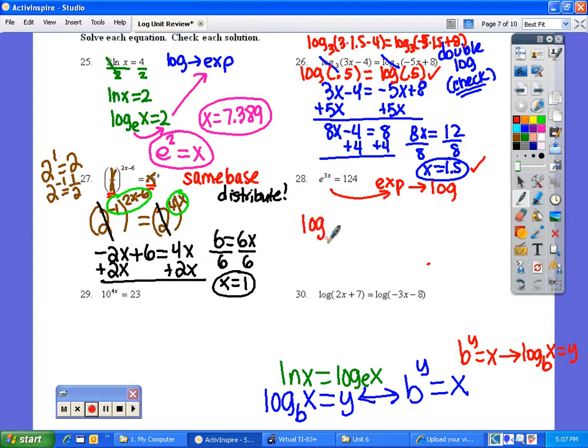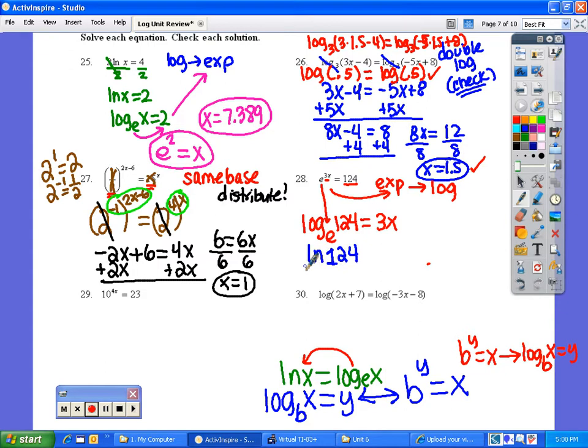Log base e, because that base stays the same, and then I'm going to take the 124, put it next to the e, and took the 3x and put on the outside. Now remember I told you that log e is the same thing as ln. So I'm going to rewrite this now as ln of 124.